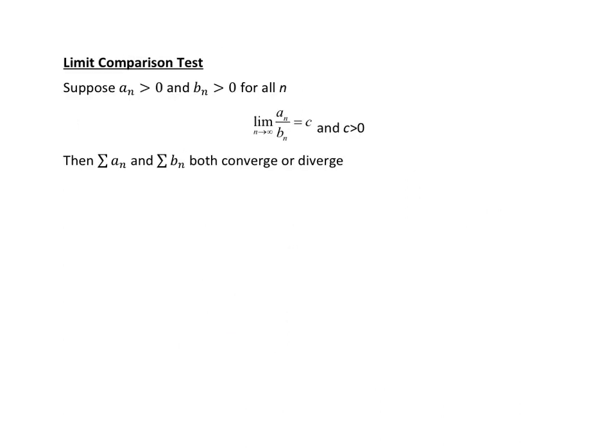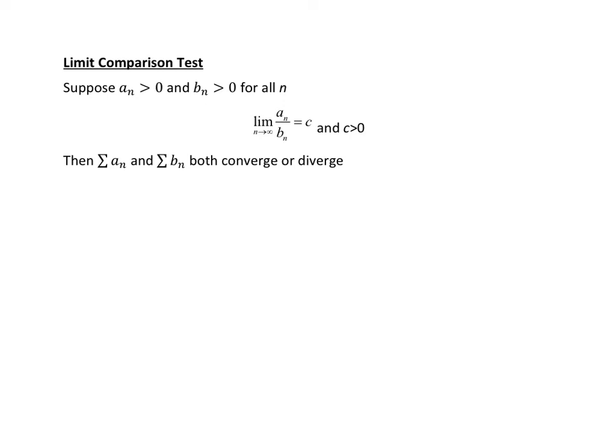This next test isn't just some straightforward calculation that you could do. Instead, you have to use a little bit of creativity, and you need to think about a series that you know converges or diverges, and then do some math with it. Suppose a sub n and b sub n are both greater than 0, so they're both positive for all n.